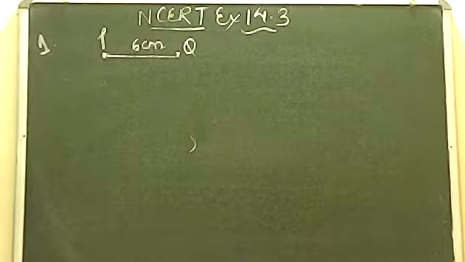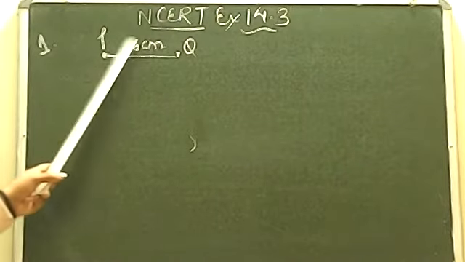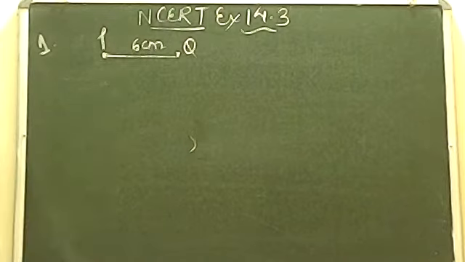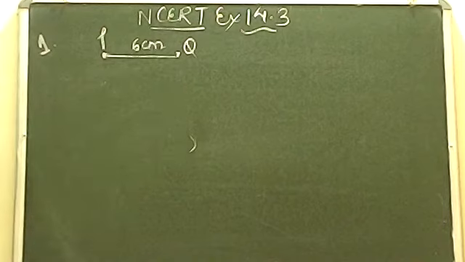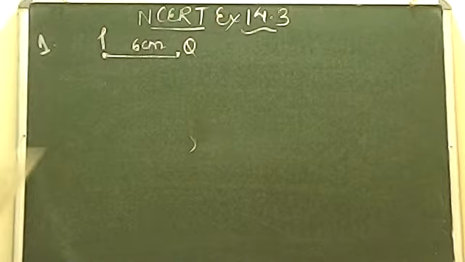Yes, Avinash, it will come in the exam. So PQ is 6 centimeters. Now the question is telling you to make a copy of this line segment without measurement. Copy means you just have to make one more line segment which should be of the length PQ only. So we will do exactly the same thing that we did earlier.